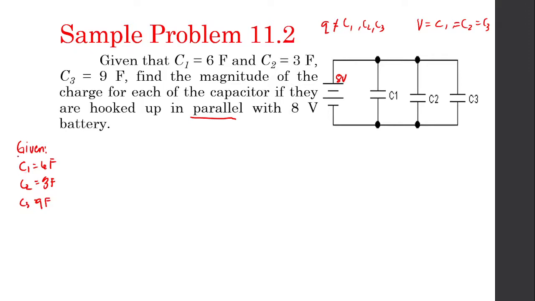And then it's asking us what is the magnitude of the charge of each of the capacitors. So what is Q1, Q2, and Q3? Okay, so what is the formula? Oh, another given to us is the voltage, which is 8 volts.